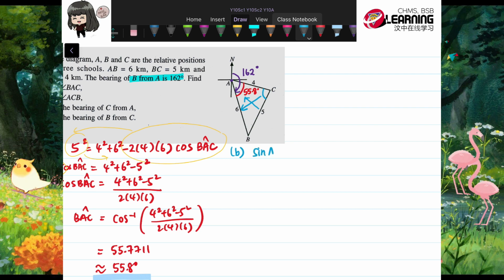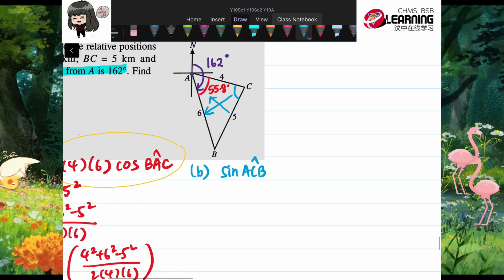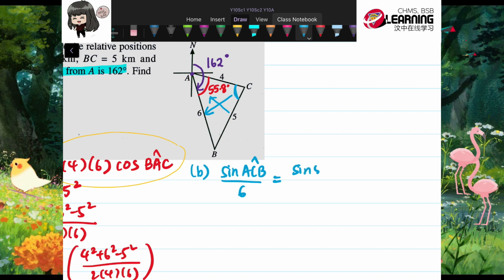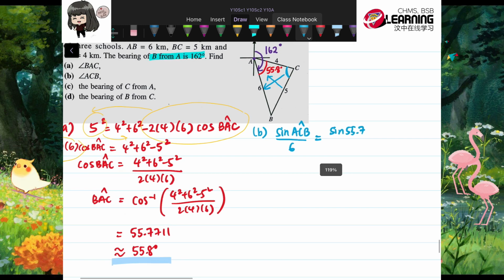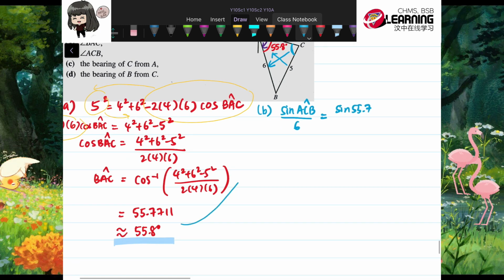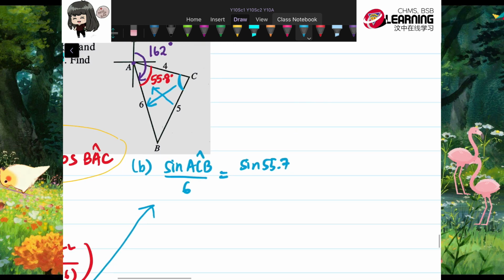So sine ACB, this angle ACB, the blue one, over 6, the opposite length, equals sine 55.7711, I use the angle that is not rounded off, over 5.